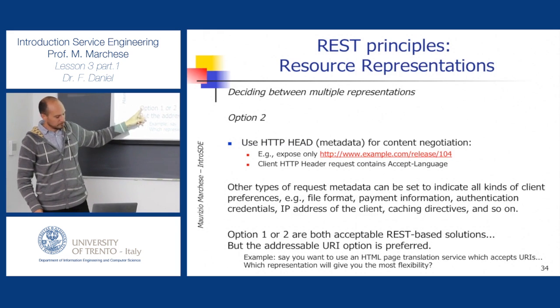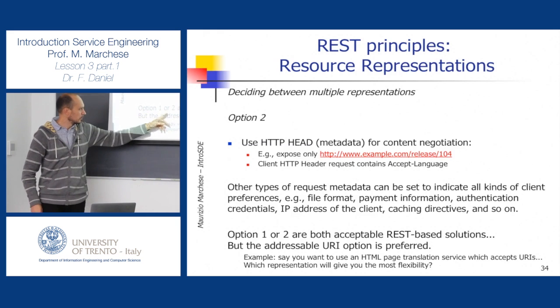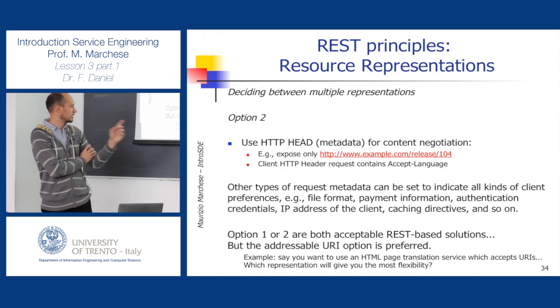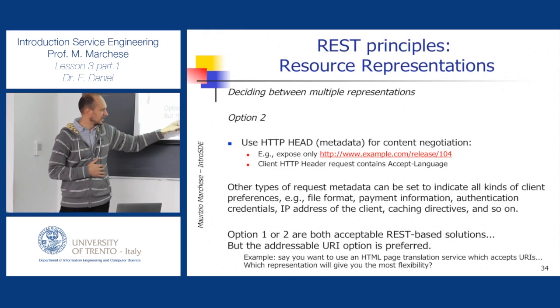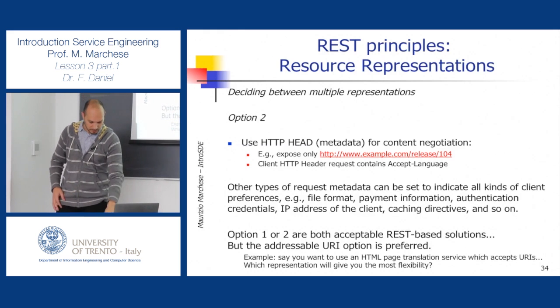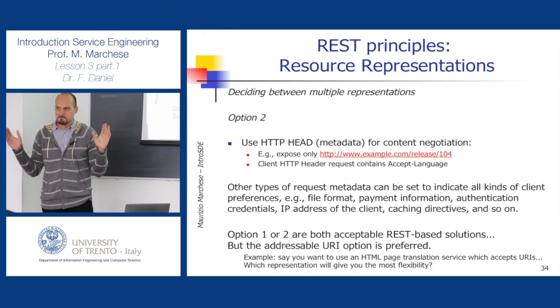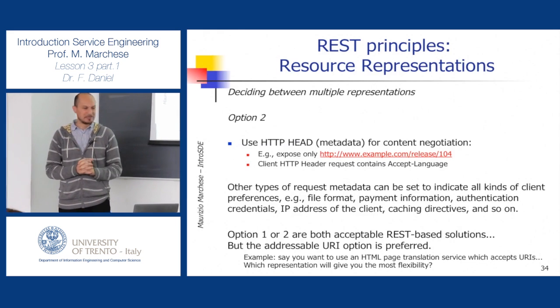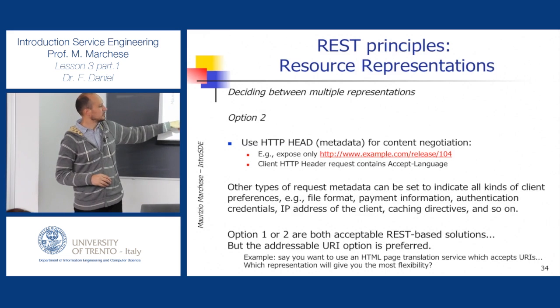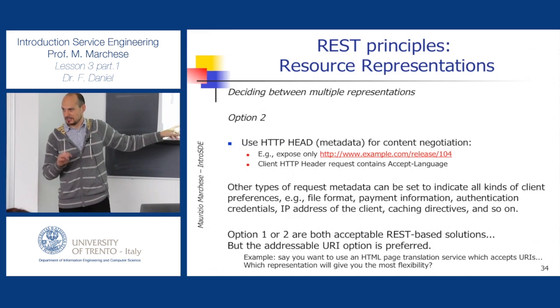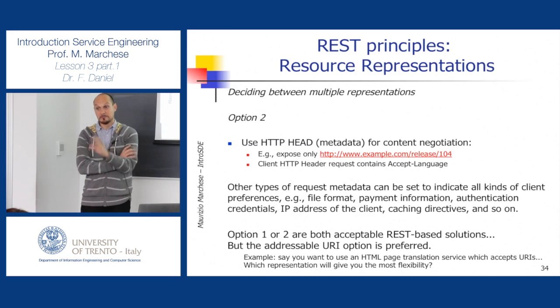This is a comment that was already in the slides. Option 1 or 2 are both acceptable REST-based solutions, but the addressable URI option, which is the first one, is preferred. I don't know. Maybe this is easier to implement if you are a client, but it has problems.